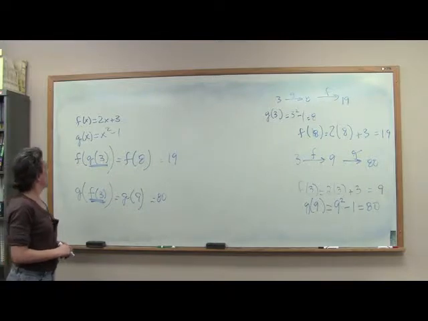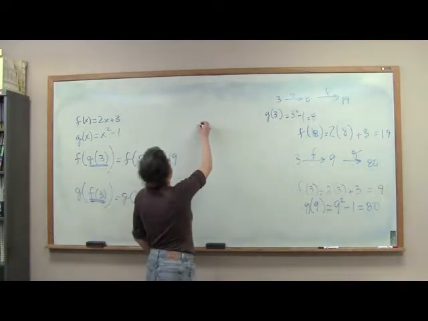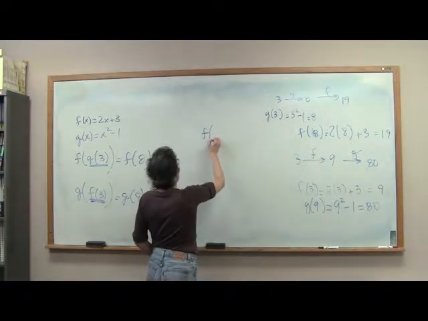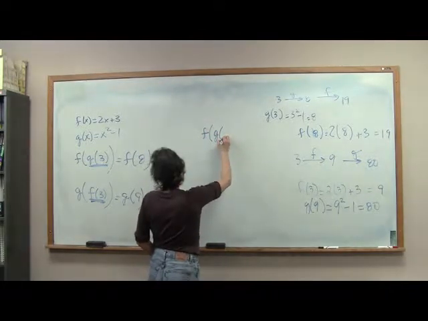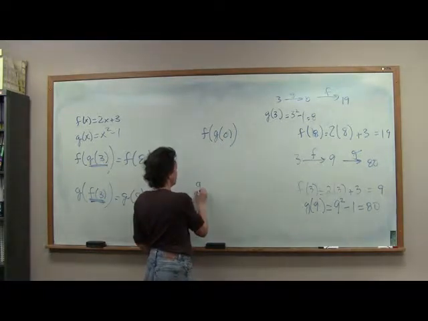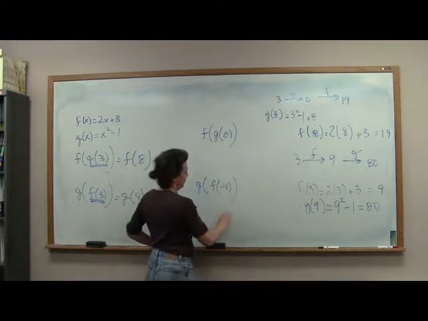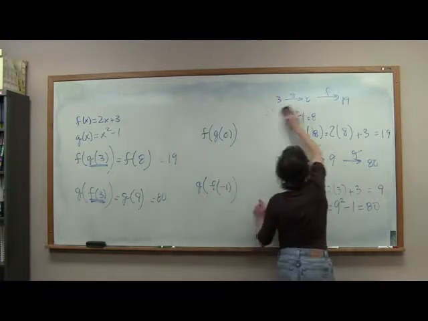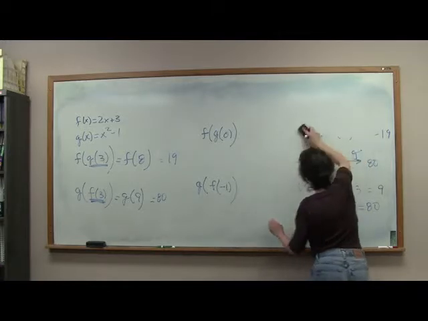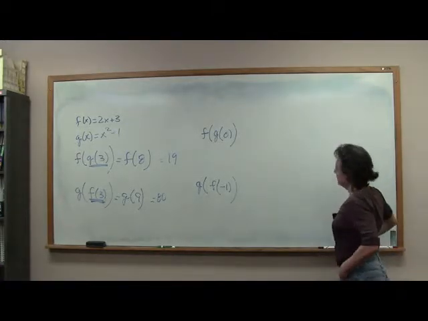Okay, well, let's do a couple more with numbers. What if now I want to find f of g, let's make life nice for ourselves, of 0, and then we're going to do g of f of negative 1. Okay. Well, how do we do this?